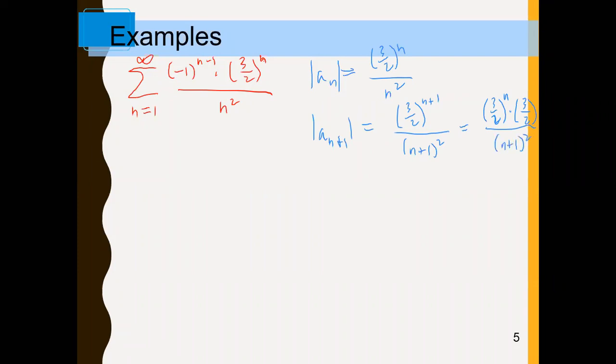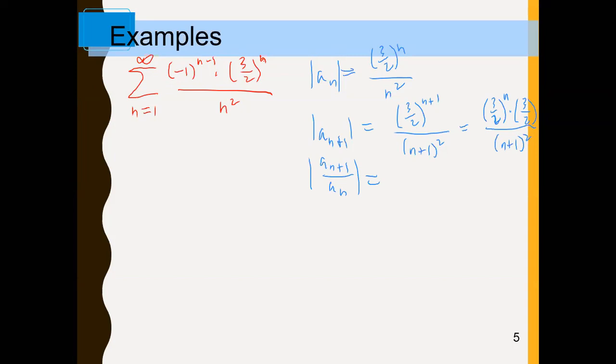So when you look at the ratio, what happens, Michael? It simplifies to 3/2 times (n+1) squared, and then all over n squared. Okay, right.